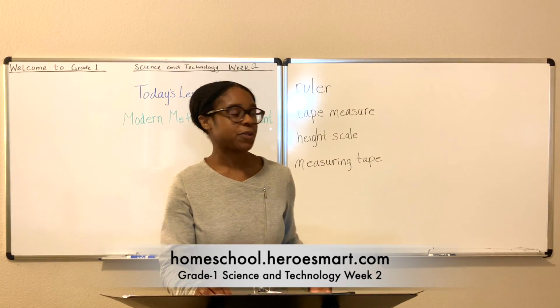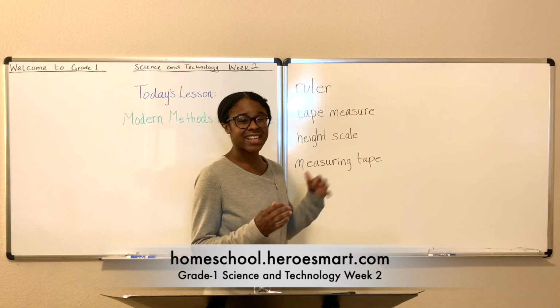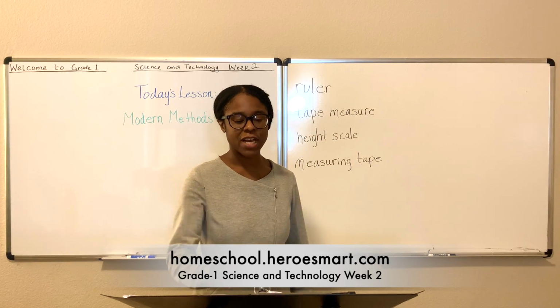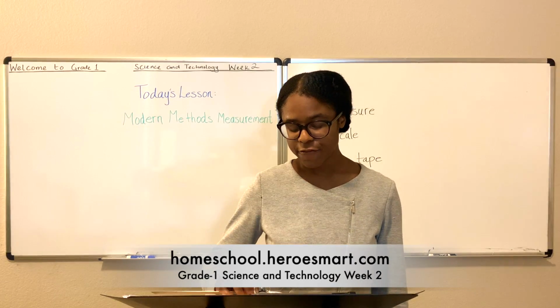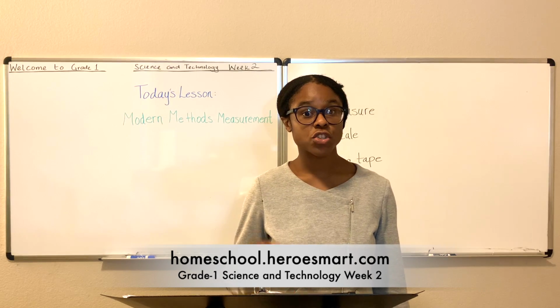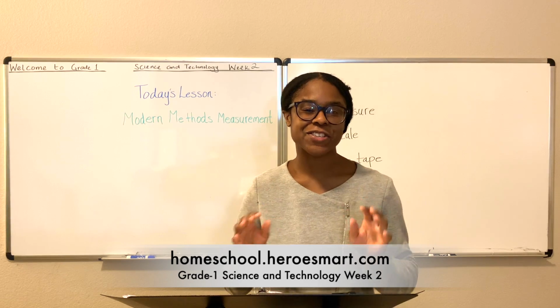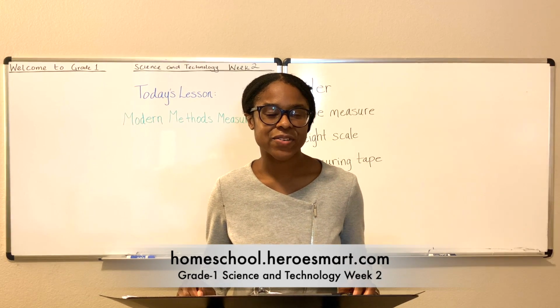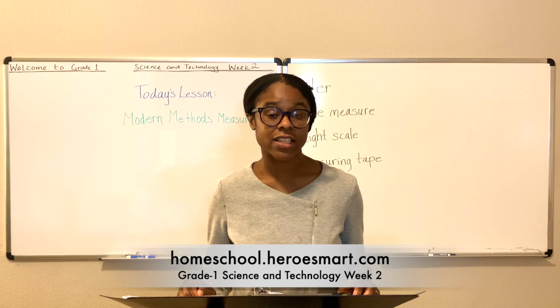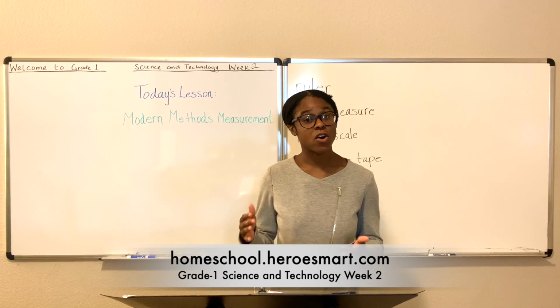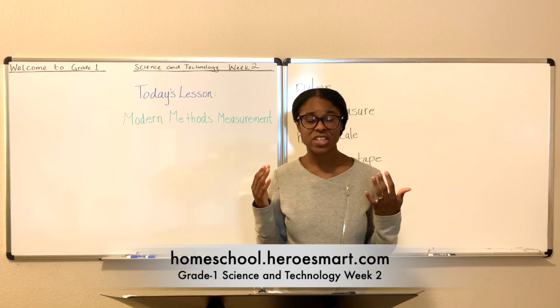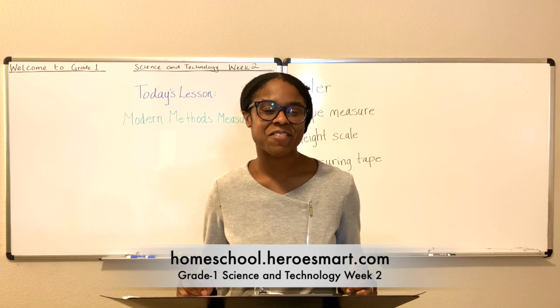Please take time to make sure you're familiar with at least the ruler at this age. You want to make sure you're able to use a ruler very well. And if you cannot, just go through the mathematics lesson of this year or the science class of last year, and you should have it all set up and ready for you to move on to next year's learning, which is going to pick up from all this. And we're going to be using measuring tools like the ruler a lot. So we want to get comfortable with it.